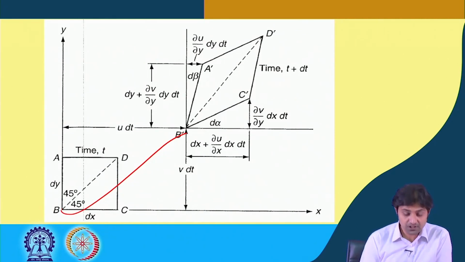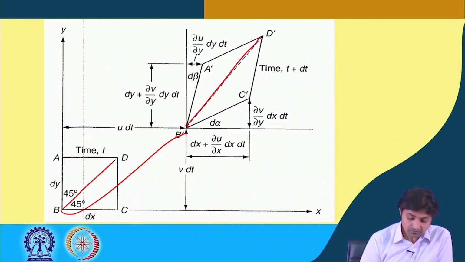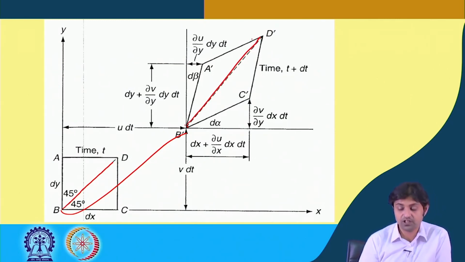We can also see that this diagonal BD has rotated anti-clockwise to B dash D dash. You see that? And we can also see the dilation or the extensional strain of the element. Because of rotation, some of these will dilate and some of them will elongate. Okay.